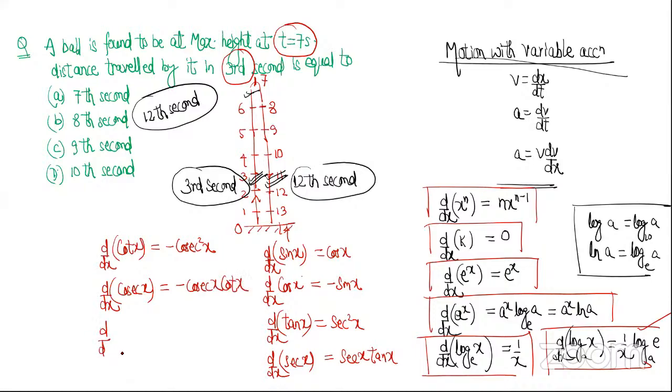अच्छा, d by dx of y to the power 5. Option 1, 5y to the power 4. Option 2, 5x to the power 4. Option 3, 5x to the power 4 plus 5y to the power 4 by 2. Option D, 5x to the power 4 into 5y to the power 4 root over.